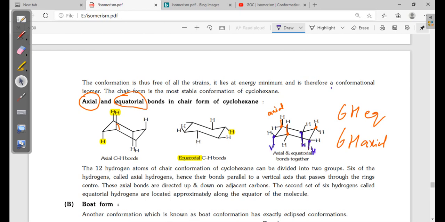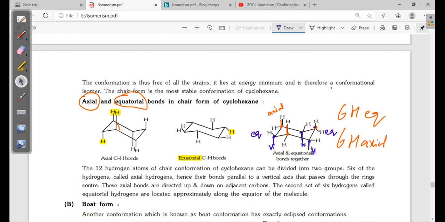If you understood this clearly, then the remaining are equatorial hydrogens. A down carbon, if it has an upside hydrogen, that is called equatorial. An upside carbon, if it has a downside hydrogen, that is equatorial.